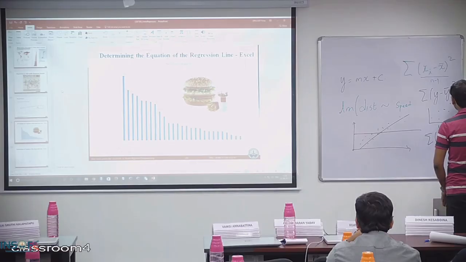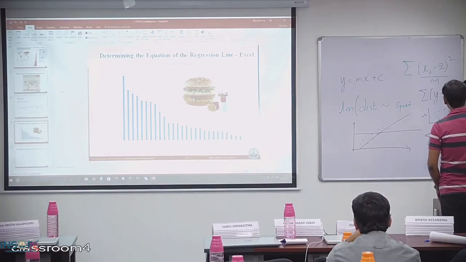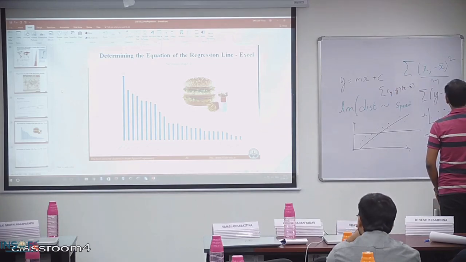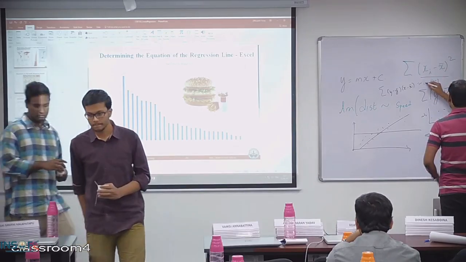So time is here, so many minutes, and distance in meters. So the graph looks like this. Your correlation coefficient will be the summation of all those y minus terms. Let's say this number turns out to be this.